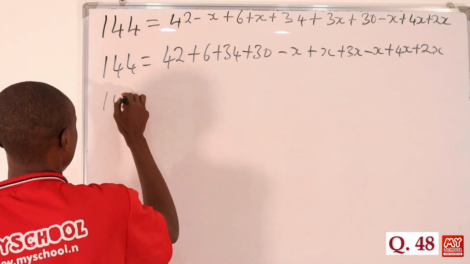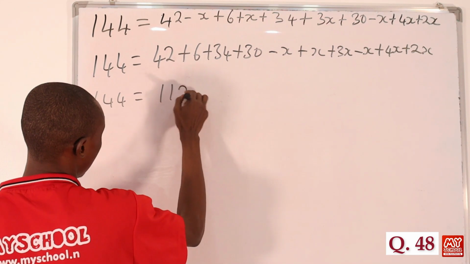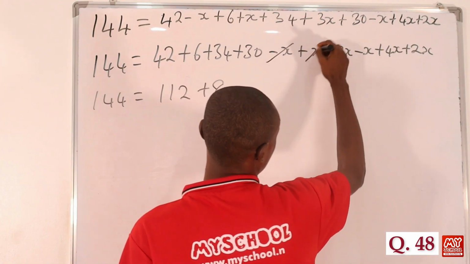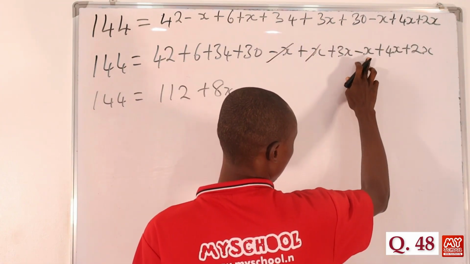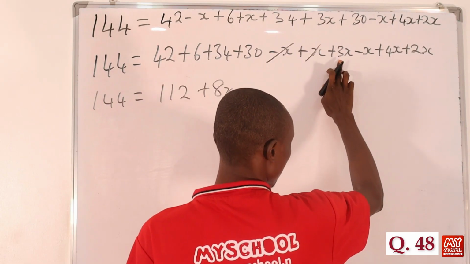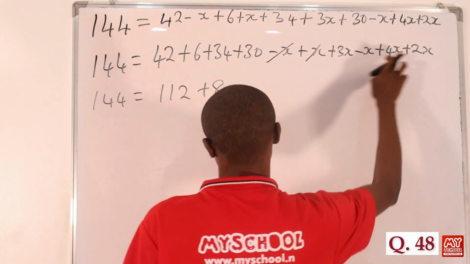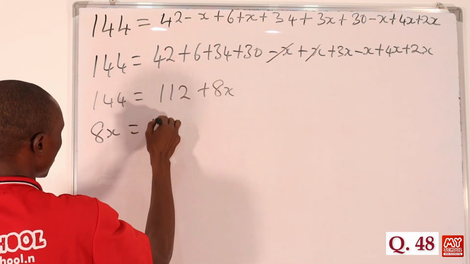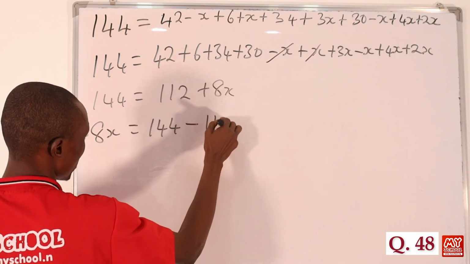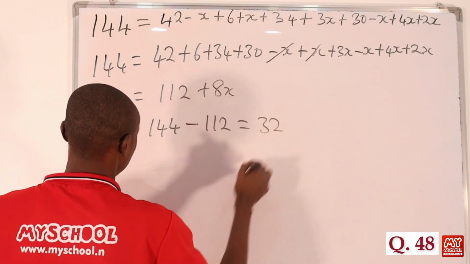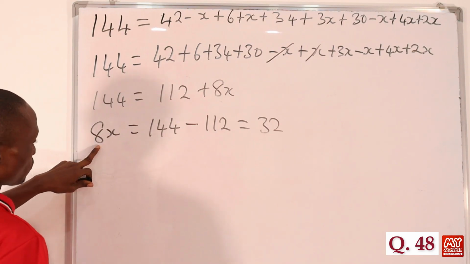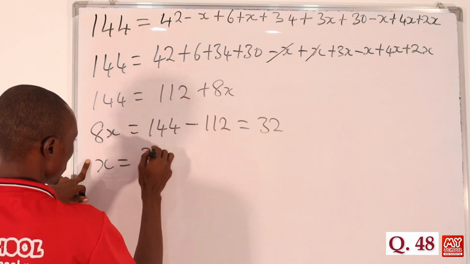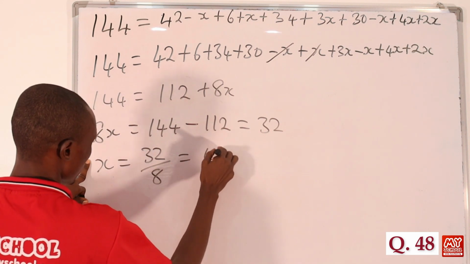So 144 will be equal to 112 plus 8x, because minus x, we take out minus x, so 3x minus x will be equal to 2x, so 2x plus 4x plus 2x will be equal to 8x, right? So 8x will be equal to 144 minus 112, which is 32. Since we are looking for the value of x, we divide both sides by the coefficient of x, so x is equal to 32 divided by 8, and that will be equal to 4.